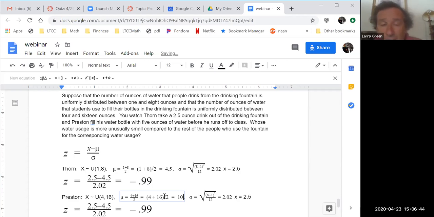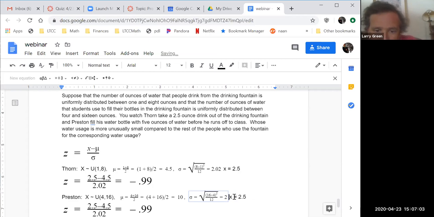Any questions so far? Okay, now let's get Preston's sigma. So instead of 8 minus 1, it's 16 minus 4. So it'll be the square root of 16 minus 4 squared over 12.